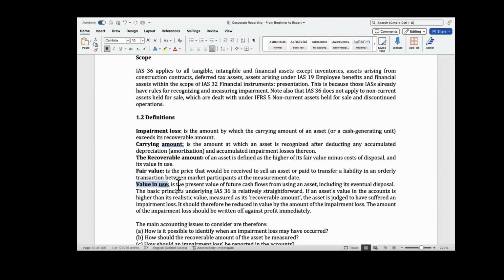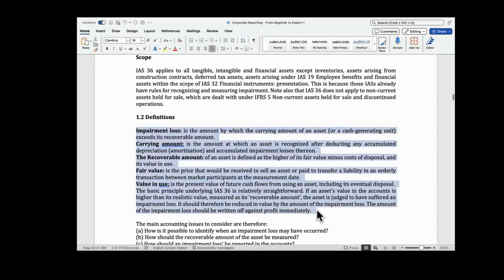But don't forget, everything I want to teach you today is all around these definitions here: when is an asset said to be impaired and how to calculate that impairment. And from here, you will see that the core thing, the basic underlying principle in IAS 36, is that an asset is said to be impaired when you cannot recover your book value.